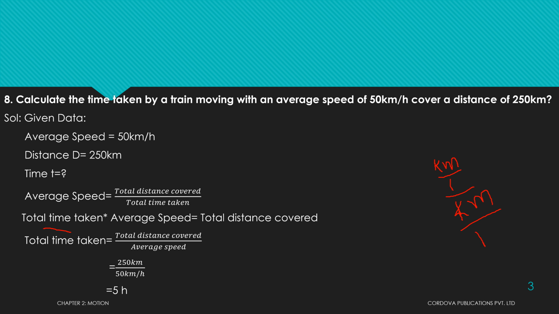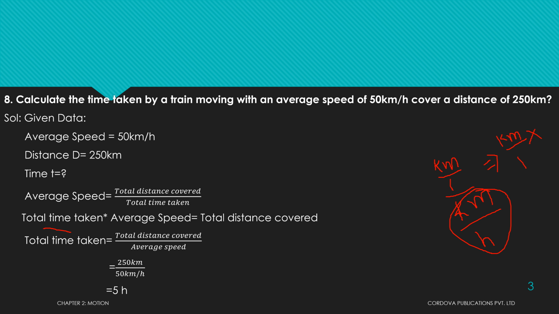Here when you are dividing two fractions, what is the condition? For dividing two fractions, it will become reciprocal, right? That is 1 kilometer by hour, and I am going to take the reciprocal of this, that is, numerator will become denominator, denominator will become numerator.